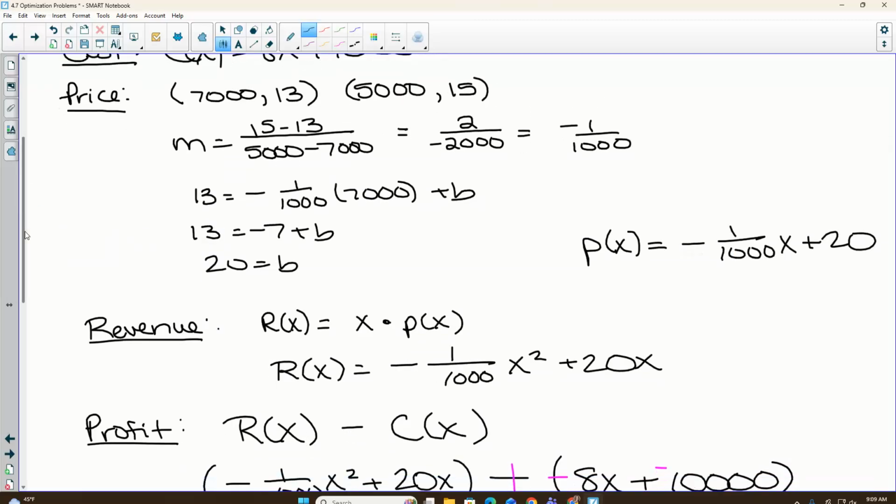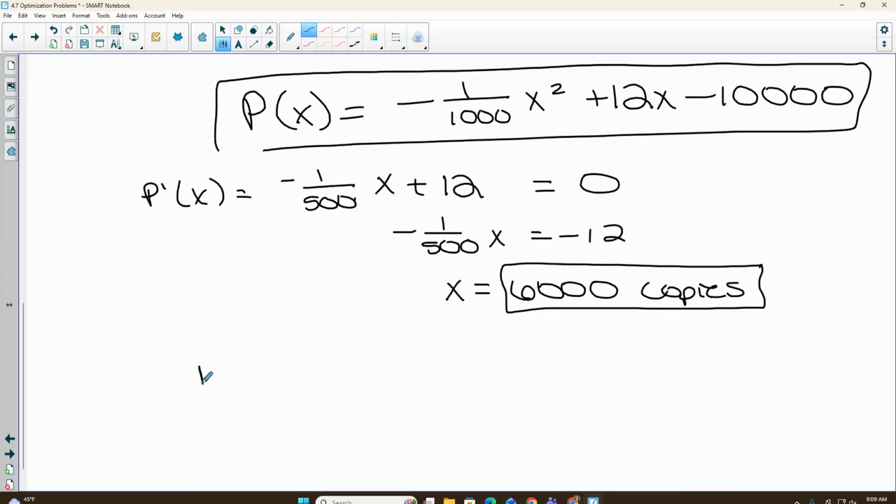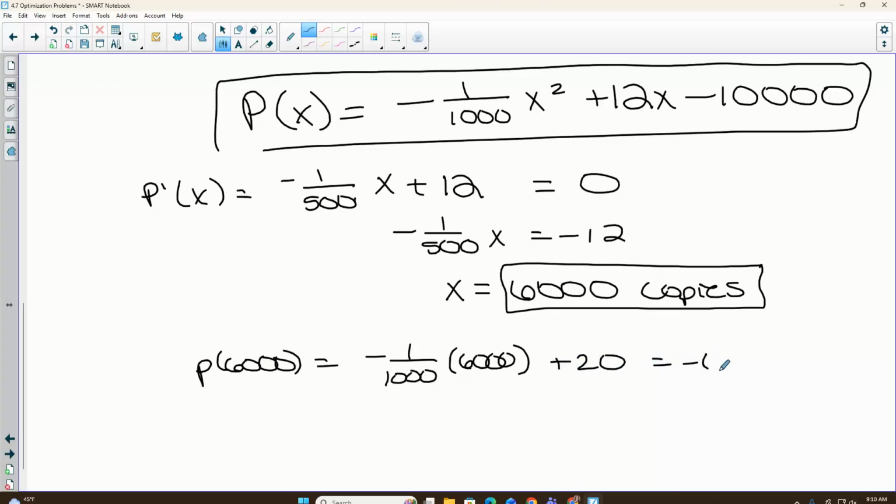So if I plug my 6,000 in, we get $14. So if we want to maximize our profit, we're going to charge $14 a piece for these books, and that should allow us to sell 6,000 copies.